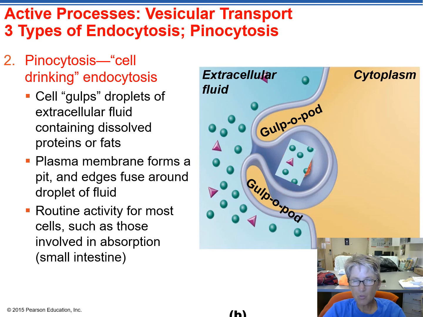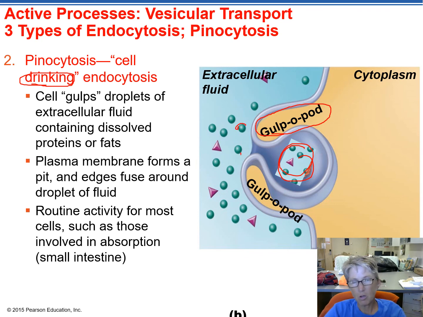Pinocytosis is cell drinking as opposed to cell eating. And so it's kind of the same cartoon, but I just made this word up, by the way, a gulpopod. So in cell drinking, you gulp whatever is outside here. When you're drinking something, you don't usually drink a bacteria. You could drink smaller molecules.